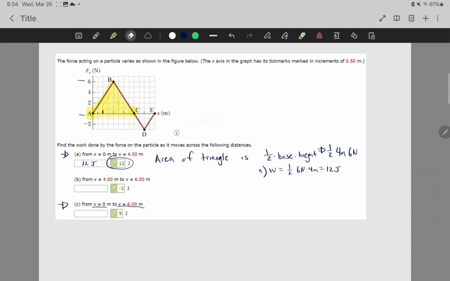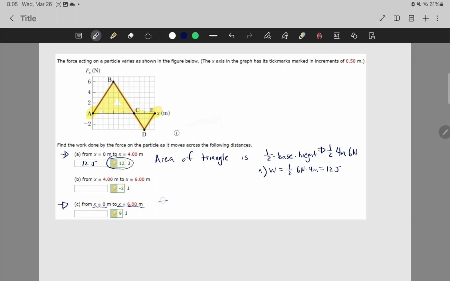So now from 0 all the way to 6, we have the area under this triangle and the area under this triangle. We're just going to add those two triangles up. And remember, this is coming from the definition of work being the integral of f of x dx, and the integral is just the area under that curve. So that's why we're taking the area of these triangles.